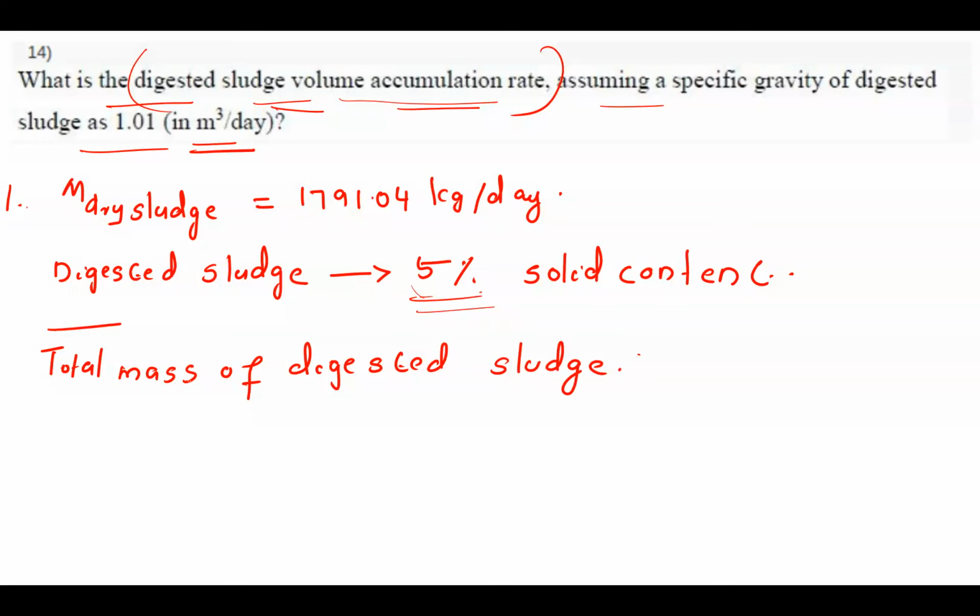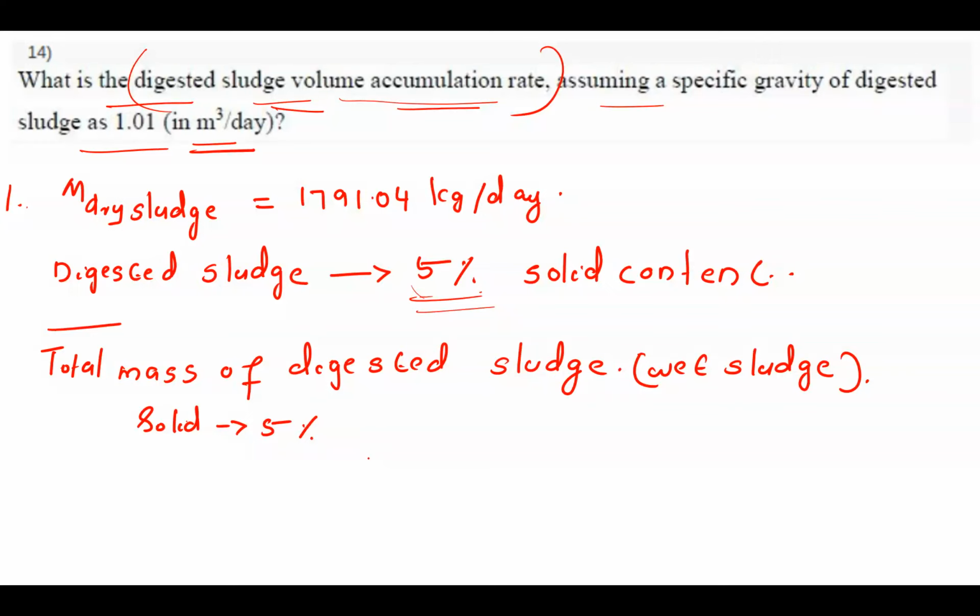It is the wet sludge. How do you calculate? We already know that the solid content is 5 percentage.